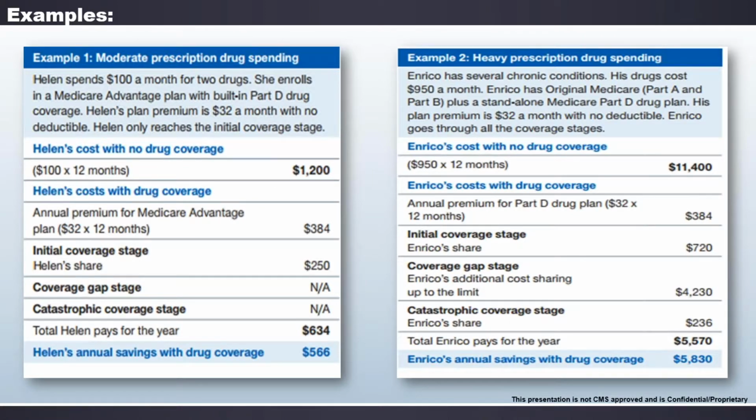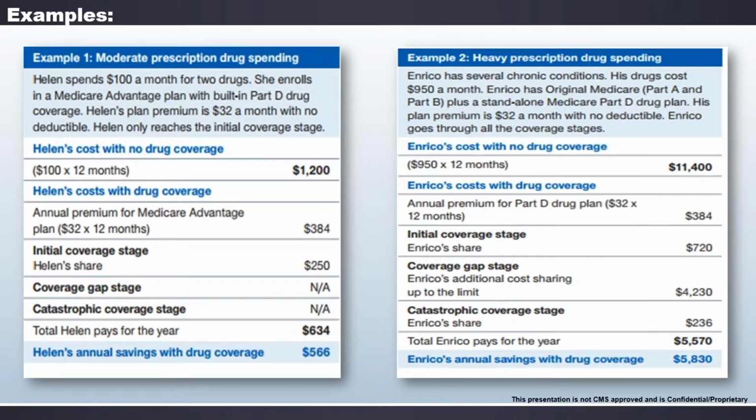Helen only reaches that initial coverage stage. Helen's cost with no drug coverage would be $1,200. With drug coverage, annual premiums for the Medicare Advantage plan, which would be $32 times 12 months, would be $384.